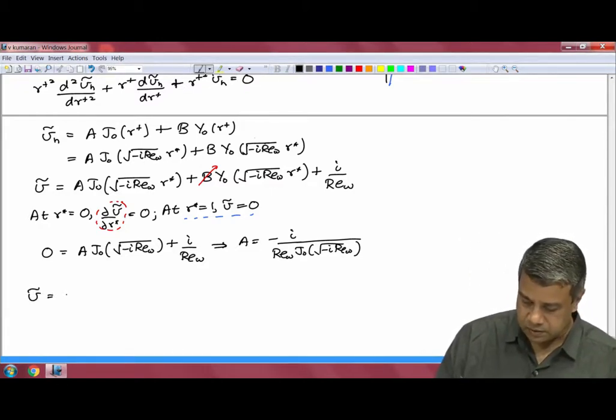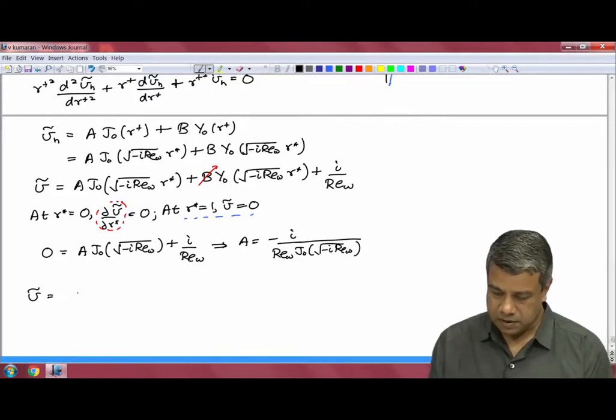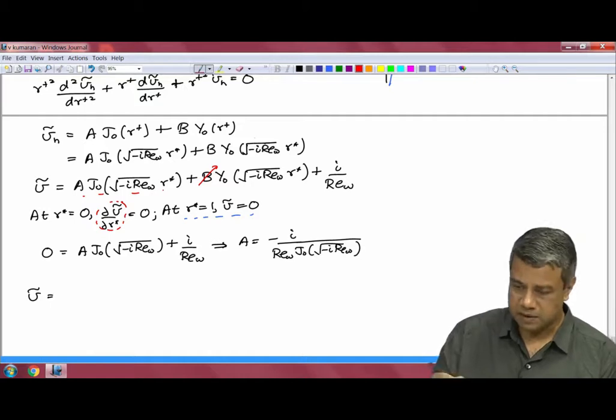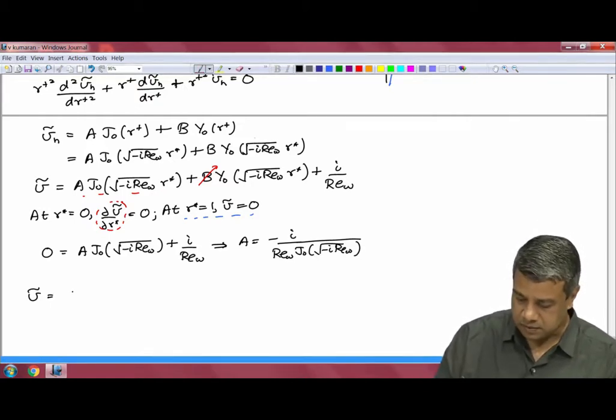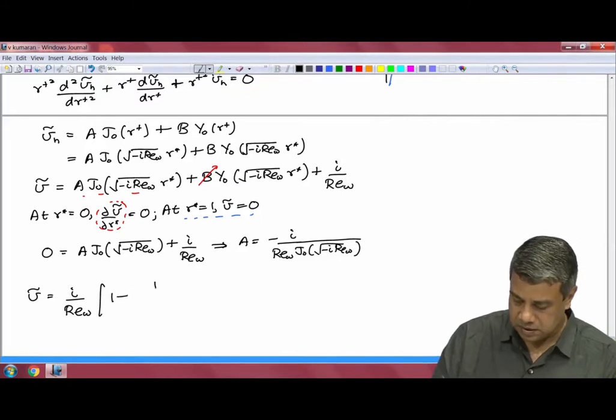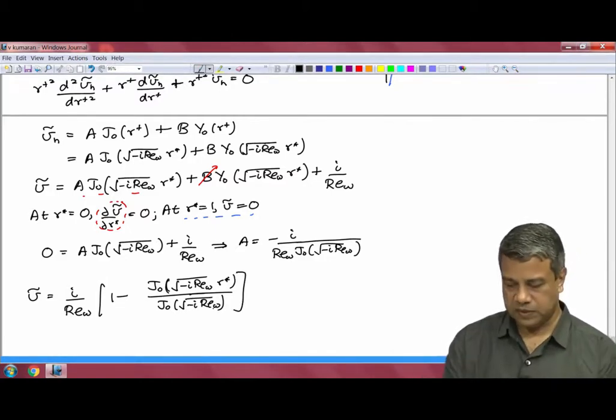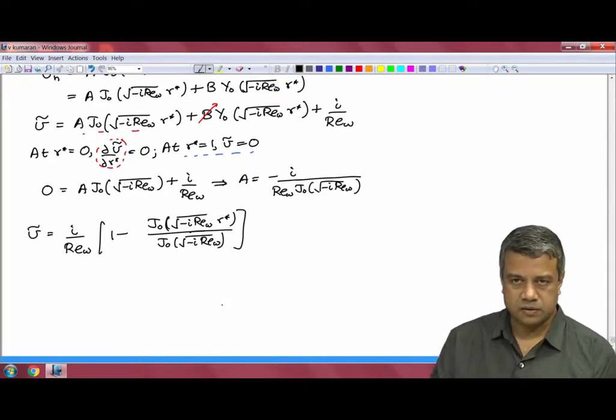V is equal to A times j naught of root of minus I r e omega times r star plus the particular solution. This will turn out to be equal to I by r e omega into 1 minus j naught of root of... That is the solution.